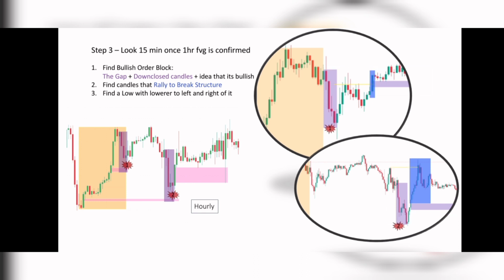In this 15-minute chart, we want to find candles breaking structure as the rally. So when Michael says we want the down close candle and price to rally away from the down close candle, we want to find the rally breaking structure in that darker blue rectangle. The third thing we want to look for at the 15-minute chart is a low with the lower low to the left and the right of it.